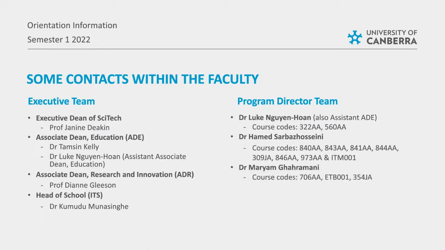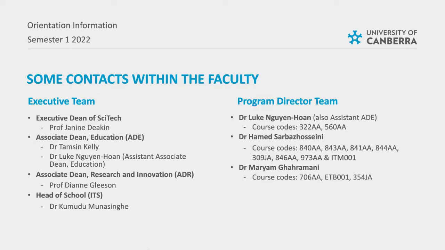So with our Faculty of Science and Technology, we have an executive team, which consists of the dean. You just saw the dean, Professor Janine Deacon. We have some associate deans, we have Associate Dean of Education and Associate Dean of Research.